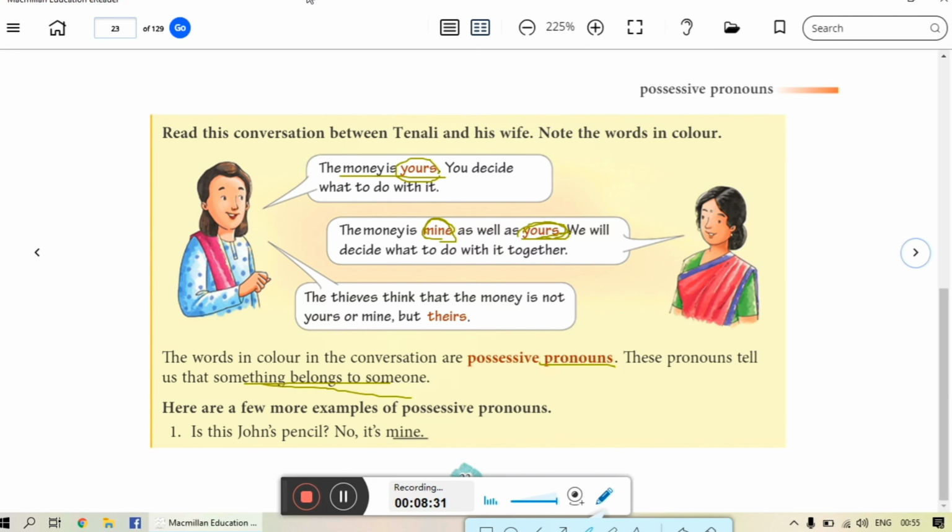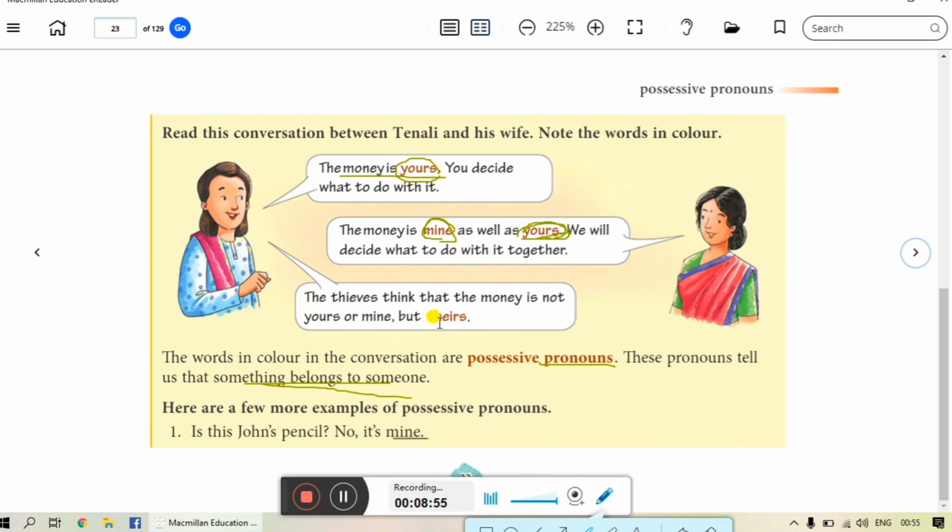Sometimes you fight with your sibling that this pencil is mine, or with your classmates that he took my pencil. So here you're talking about belonging, that the pencil is mine or the pencil is yours, or you can say that the colors belong to someone. You'll say that the colors are yours.